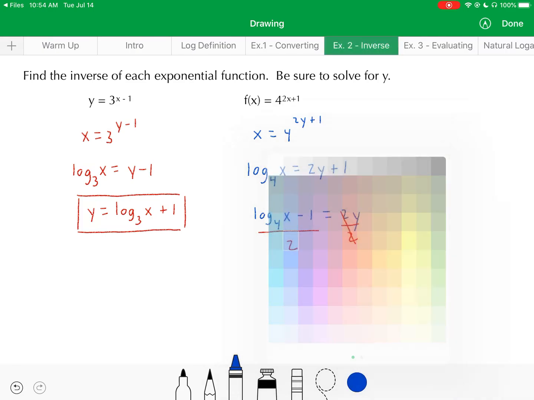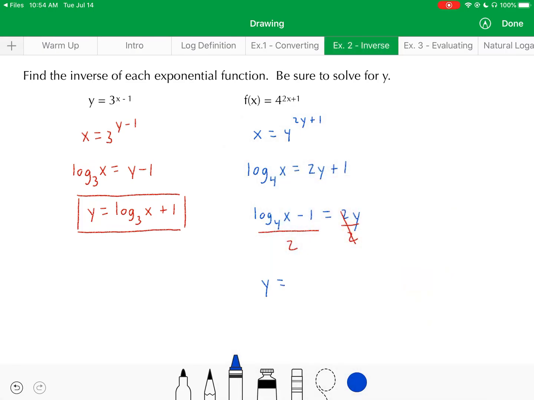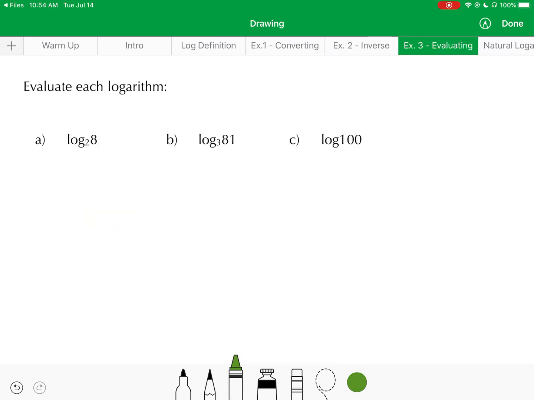I'll say that y is equal to 1/2 times log base 4 of x minus 1/2. And there would be my inverse function. And of course, you could use inverse notation here, right? Instead of a y, you could also have the inverse of f of x. Okay. All right, we keep rolling.